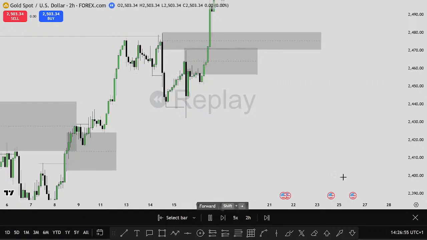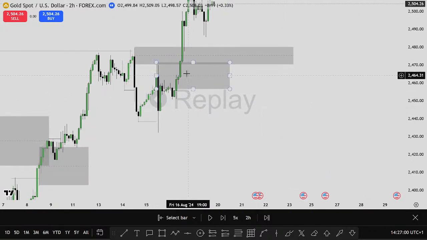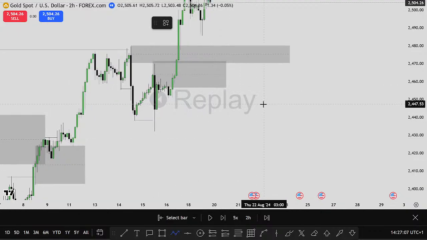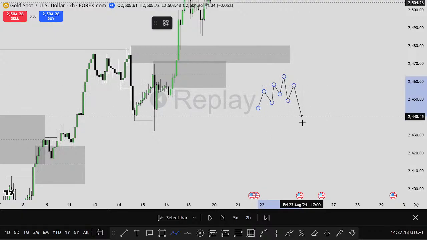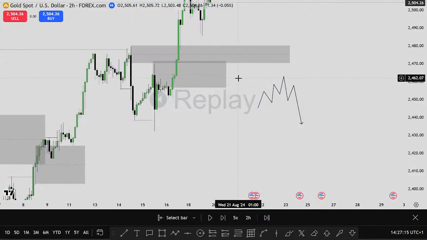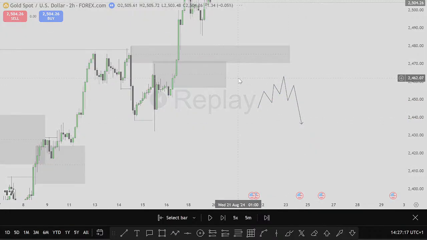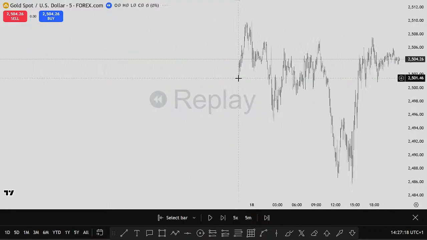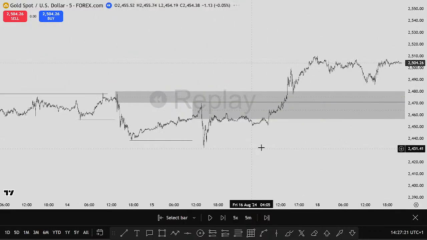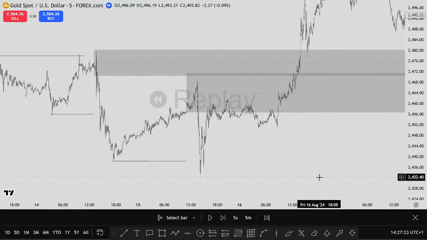There's no time for that. Confirmation entry models will be, you see, it didn't respect these ones, so I'm very certain you didn't get any confirmation entry model here. A confirmation entry model will be what you do in your 5 minutes, something like this, a displacement to the downside. If you go to 5 minutes, you can see it here.